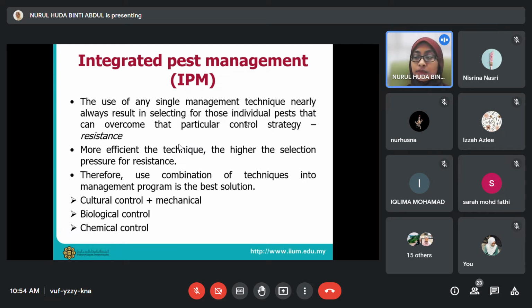Dia just mungkin control the pest population or reduce at the what we call it acceptable level. Okay, so because of that, pest tu pun it won't produce progeny yang resistant to pesticide by using only pesticide A tadi yang hanya mungkin boleh membunuh 10.